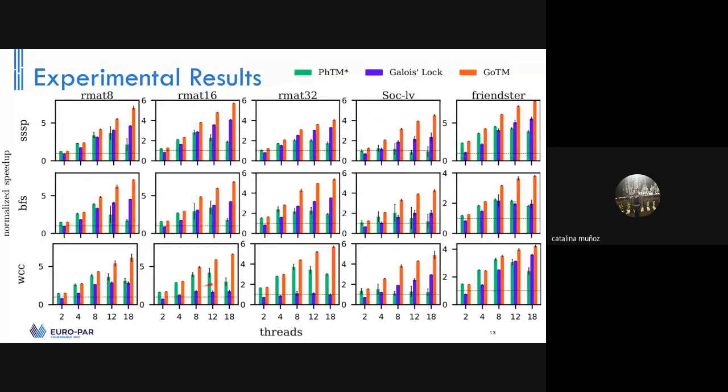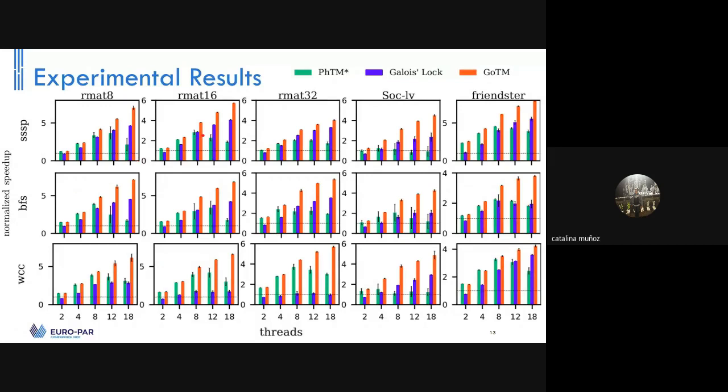We compare, as I mentioned earlier, our approach, which is the red one, with Galois locking mechanism, which is the blue one, and we also compare with phased TM implementation, which is the best runtime you can find in transactional memory, which is called PHTM star, right? So these results are for the shortest path, breadth first search, and weakly connected components, and these are our best results.